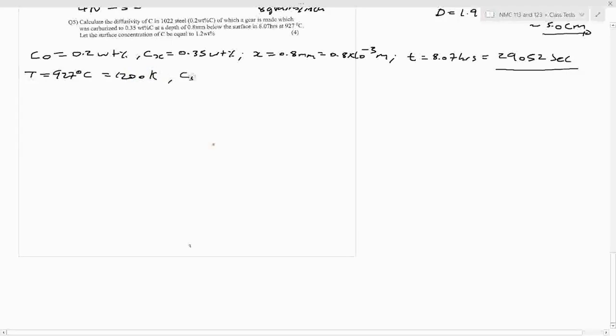And the surface concentration is given as 1.2 weight percent. Now we use the error function equation, Cx minus C0 over Cs minus C0 is equal to 1 minus the error function, which subsequently leads to this as well.